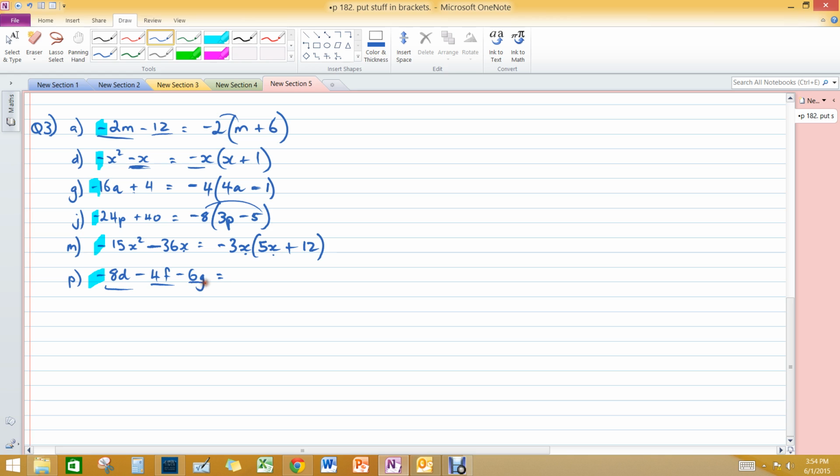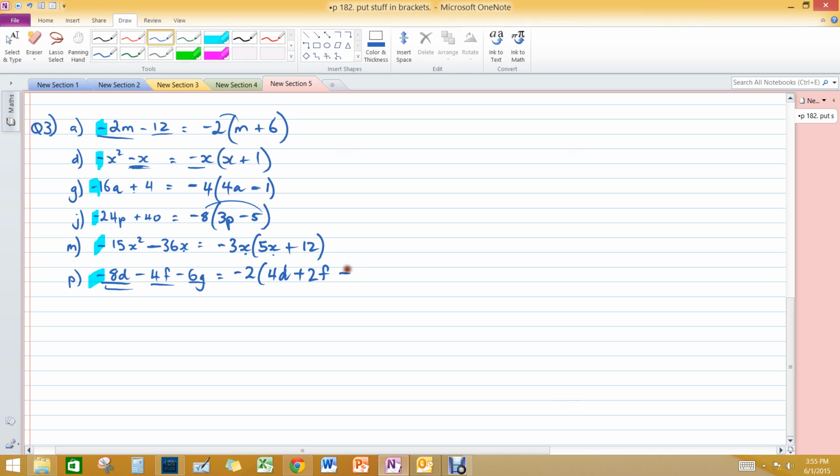Alright, 3 terms. What's common between all of these 3 terms? Well, we've got no letters in common, but we do have a number in common, and that number is going to be negative 2. So negative 2 times 4d will give us negative 8d. Negative 2 times 2f is going to give us negative 4f.